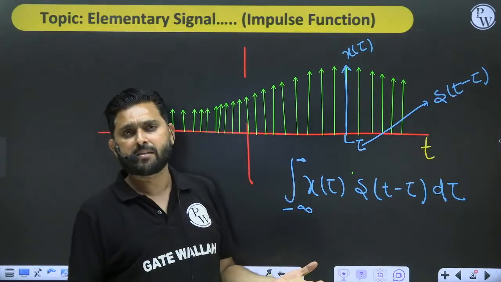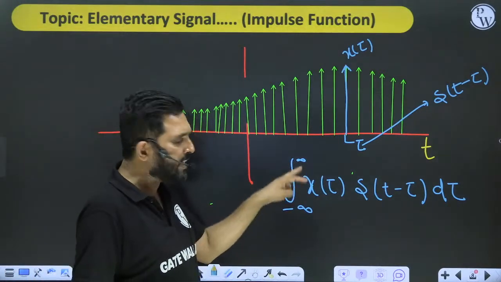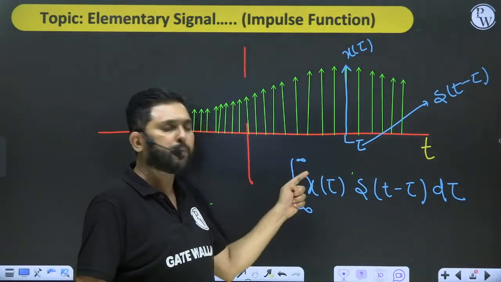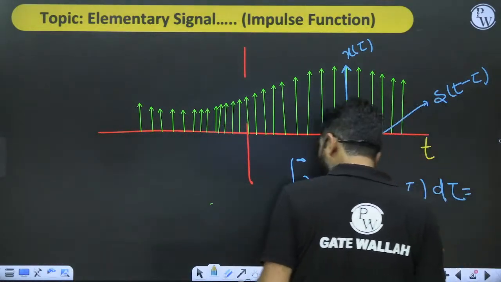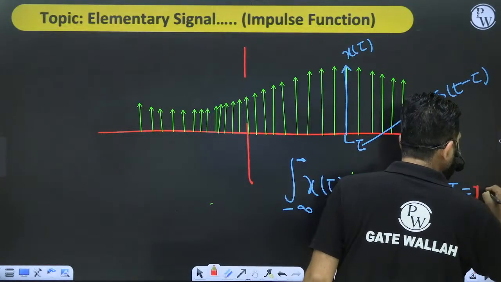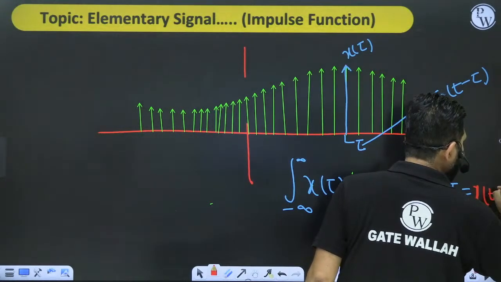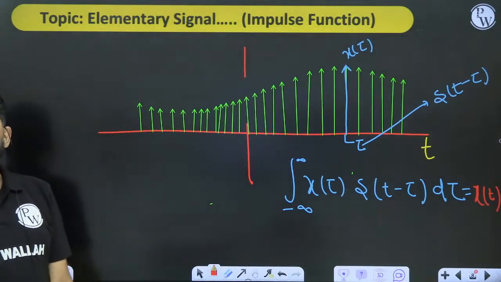What is the integration? It is the addition at each and every point, yes or no? So I am adding each and every point from minus infinity to plus infinity. Then what is the result that I will get? Surely the same function back, x of t.